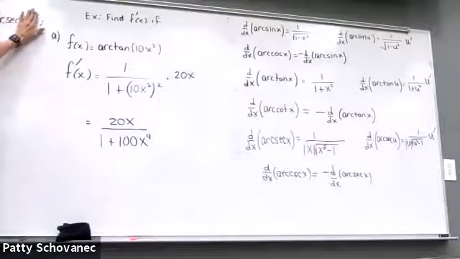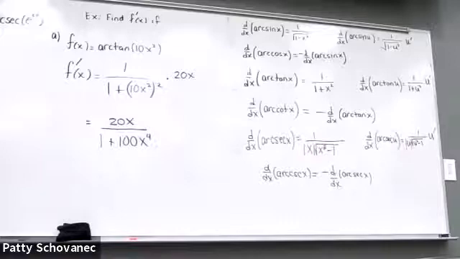So this term is our u. The 6 is along for the ride. So f prime is going to have a 6 here. Then 1 over the absolute value of u times the square root of u squared minus 1 times u prime.